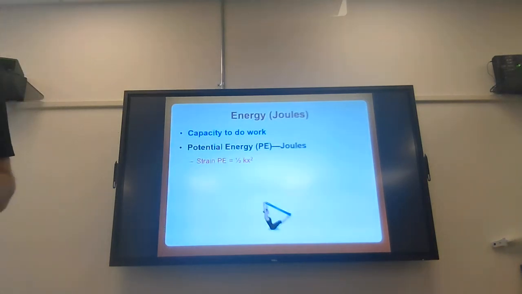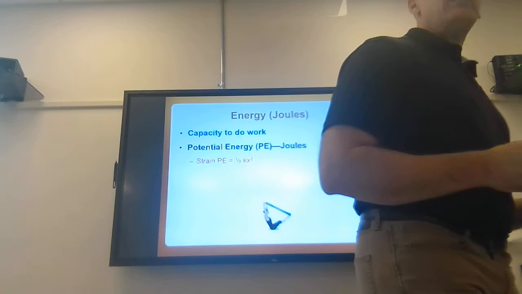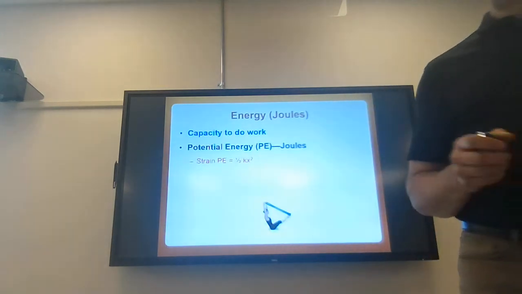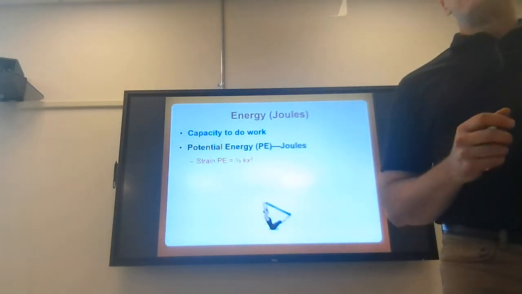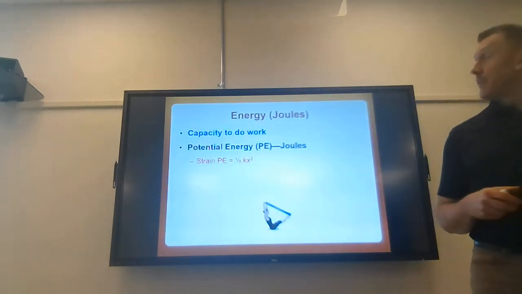We think about our tissues in our body that undergo strain or deformation or change in shape, or stretch is another way of thinking about it. We have tendons, and our tendons have a lot of elastic type fibers. So our tendons are a lot like rubber bands that stretch and then recoil to give us more force.